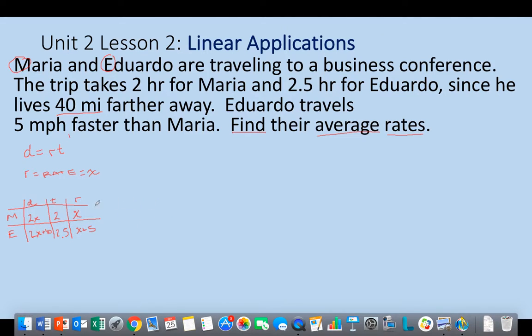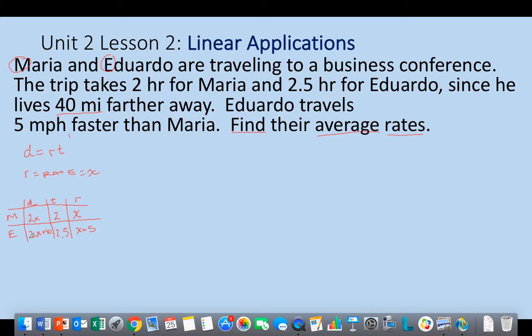Okay, so because these things have to be the same, or in other words, the distance that Eduardo travels is going to be, well, distance equals rate times time.